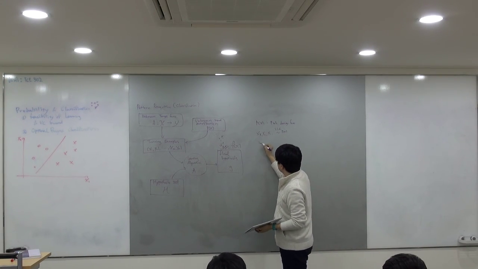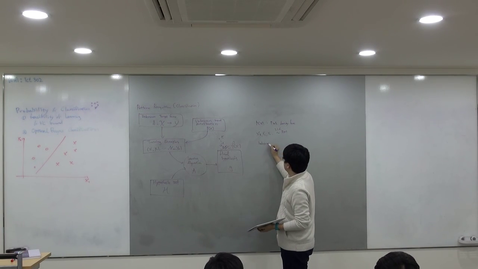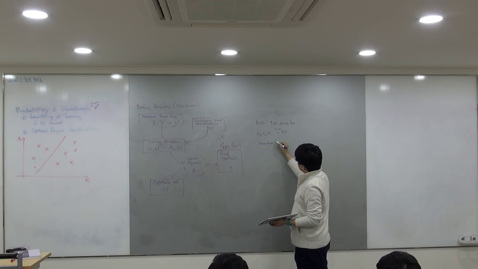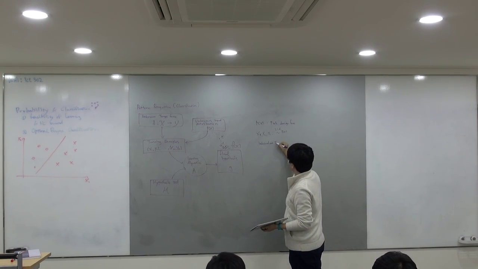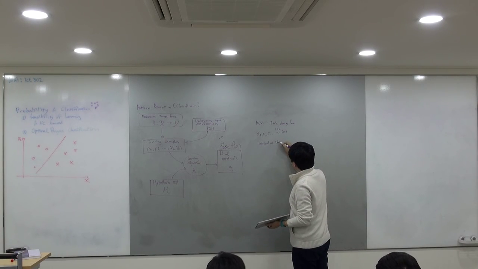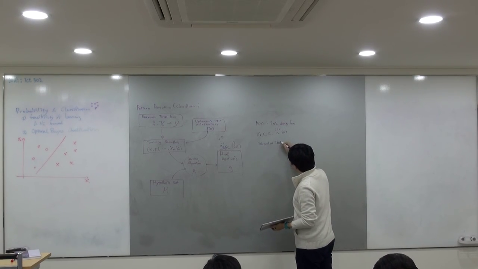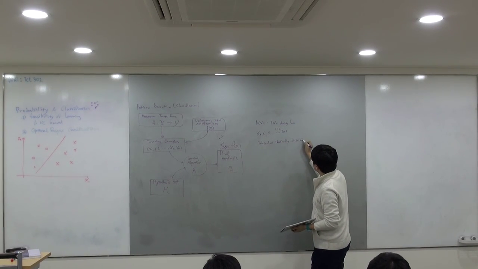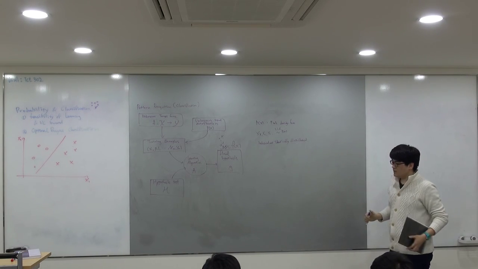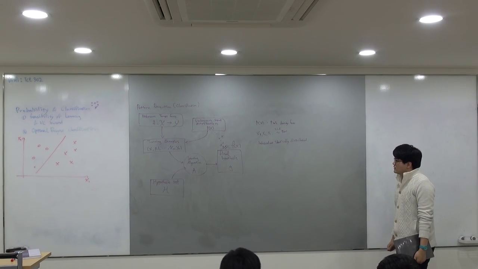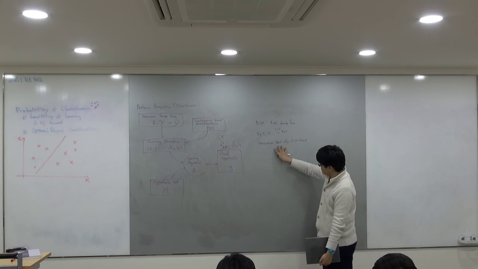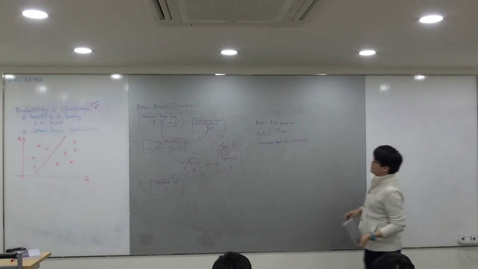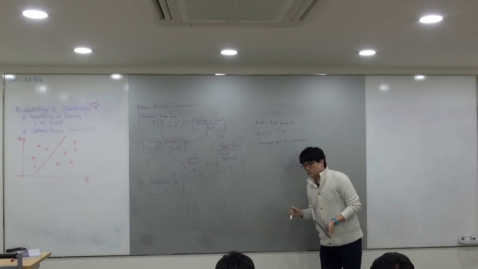IID means independent and identically distributed. This is very essential for every machine learning algorithm.